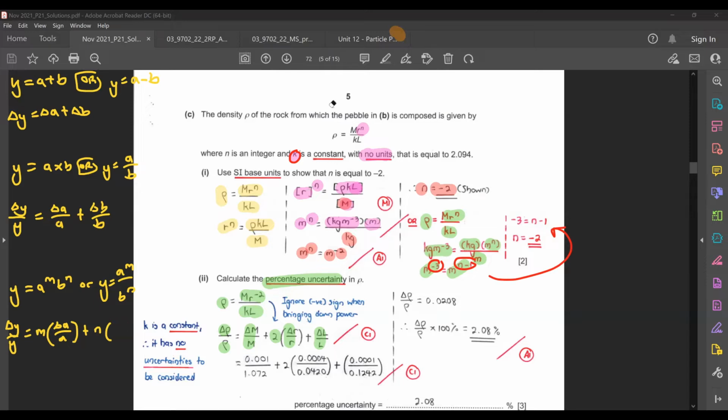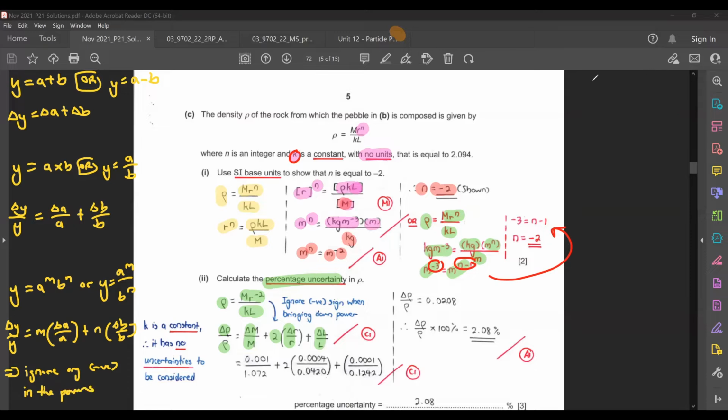Okay, wait on. This one, just be careful. Ignore any negative in the powers. Okay, what you're doing was that you're bringing down the powers, right? In some variations, sometimes you will get a negative sign there. So just ignore any negative in the powers, right?